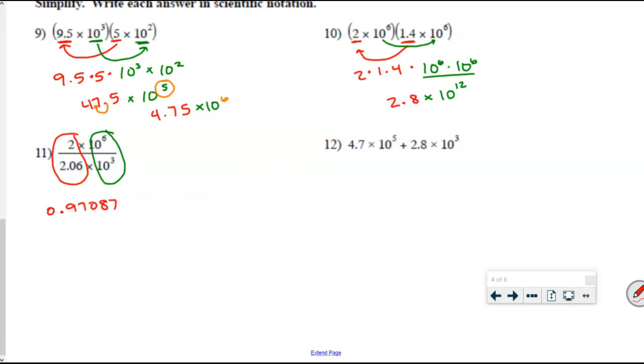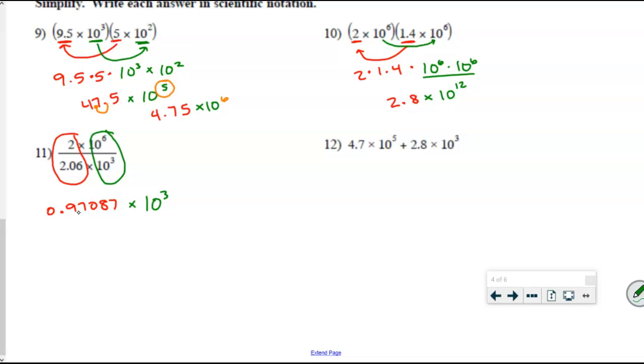I'm just going to stop there. Times 10 to the 6th divided by 10 to the 3rd. When I'm dividing, I subtract those exponents. So 6 minus 3 is 10 to the 3rd power. I know that there's more decimal places, but we really don't need all of them. In fact, when I rewrite this answer, I might even decide to get rid of some of them.